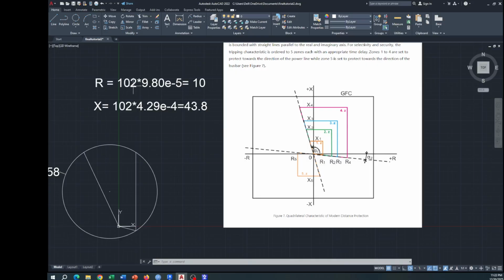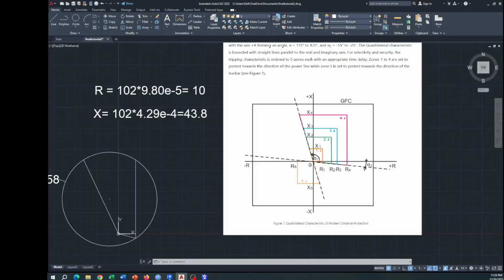As I told you, my line is 102 kilometers, and the resistance is 9.80 e to the power minus 5. So I get R as 10 ohm, and X is 43.8 ohm. What is suggested is that alpha 1 would be 115 to 125, and alpha 2 is minus 15 to minus 25.